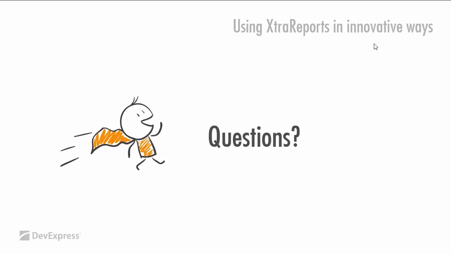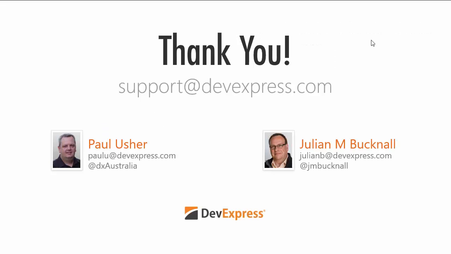There's a couple more questions here, and we're running out of time pretty quickly. We have like 2 minutes left. What's new in 15.2 for reporting? Please watch our blogs. We're blogging like crazy at the moment. And can you export reports to RDLC? What's RDLC?